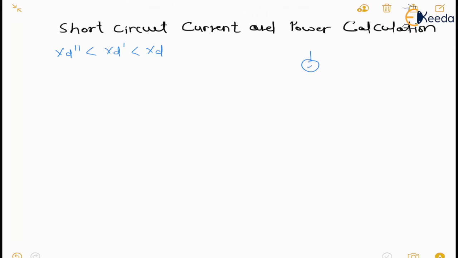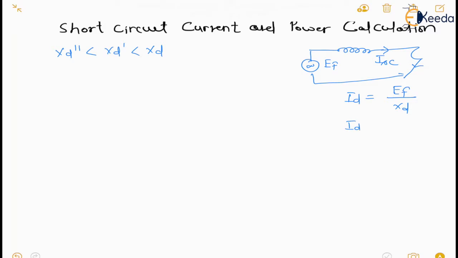So if we had this kind of arrangement, and we are calculating fault current IF or ISC, or we can say Id, we can write simply Ef upon Xd. If we are taking the Xd, then this will be Id.